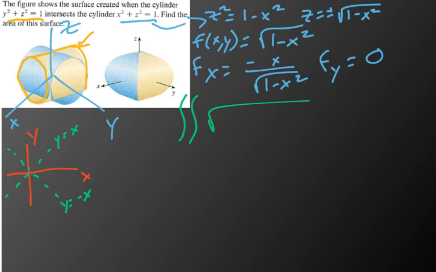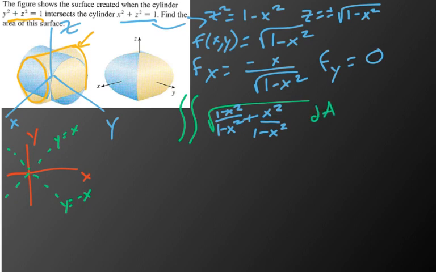So we're going to have x squared over 1 minus x squared, plus 0, and we need a 1 in here too. I'm going to do the same thing I did in the last problem where I put the 1 in with a common denominator as the other messy expression here. So plus, and then dA.